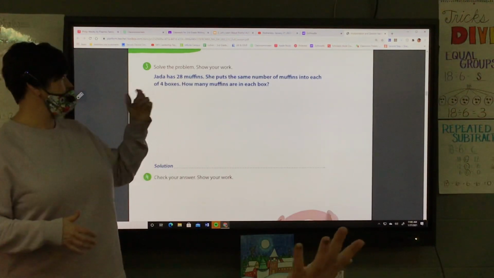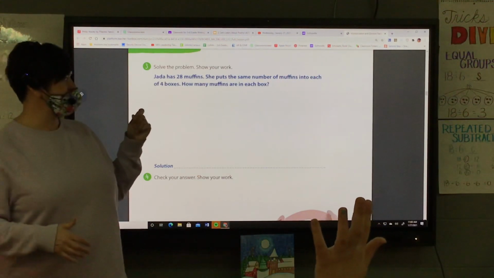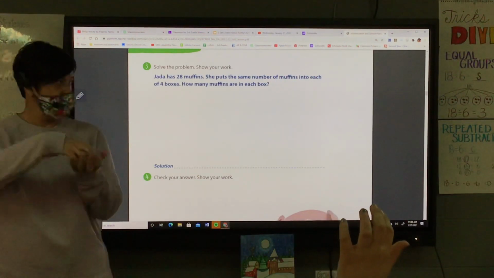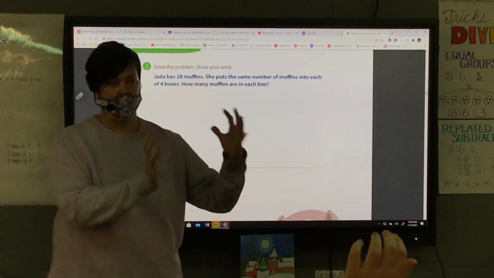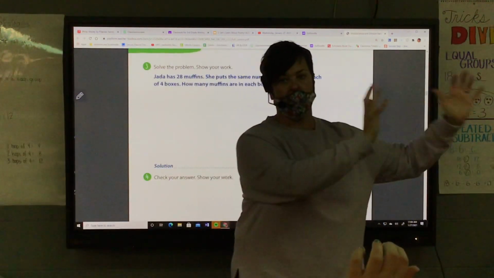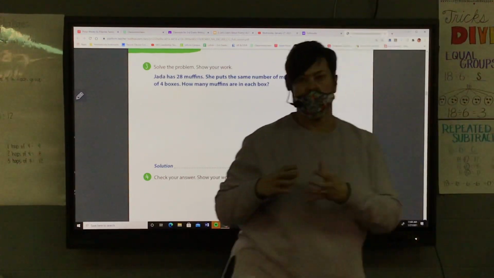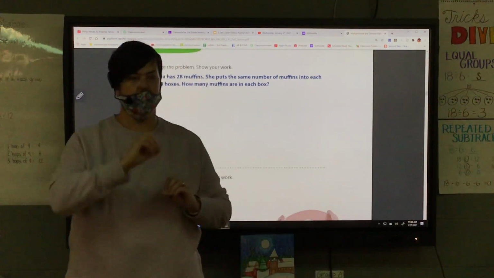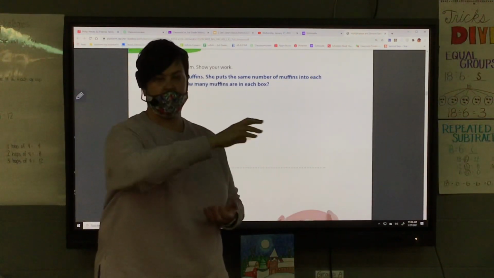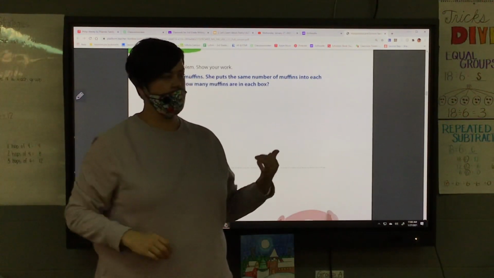She started out with 28. She has 28. She puts the same number of muffins in 4 boxes. So is she putting it all together or is she breaking it apart? What's she doing in this problem, Raylan?